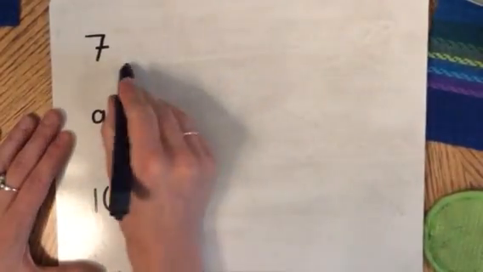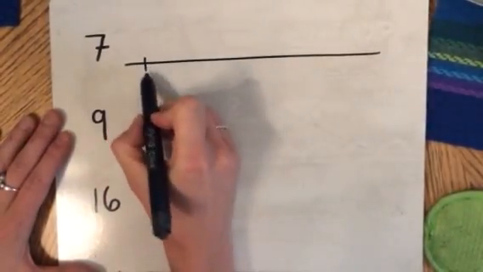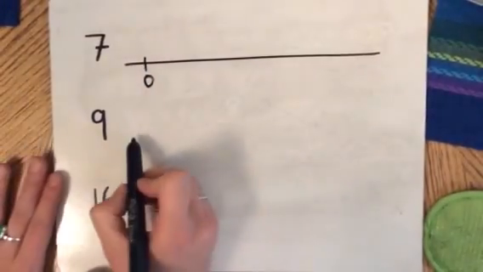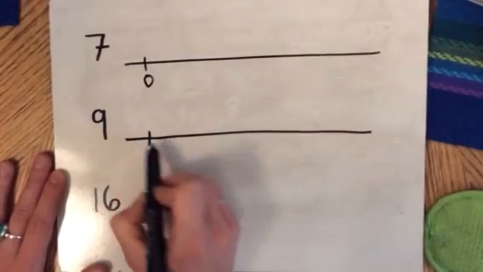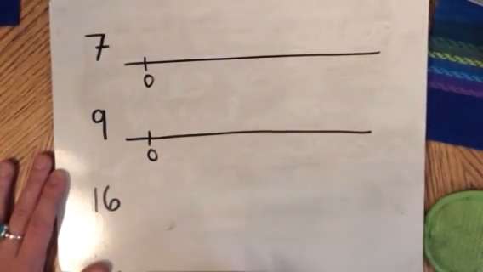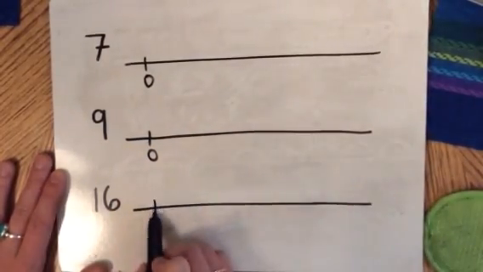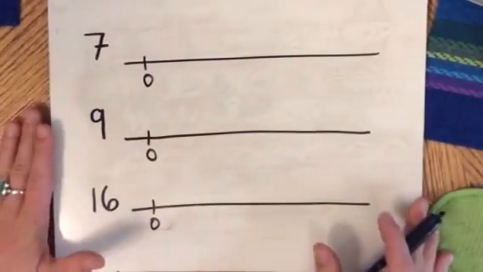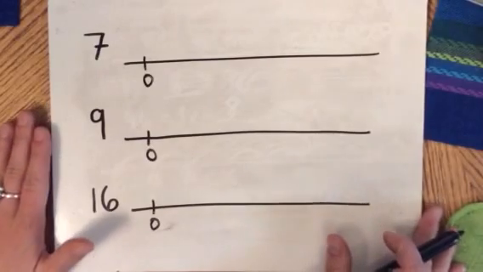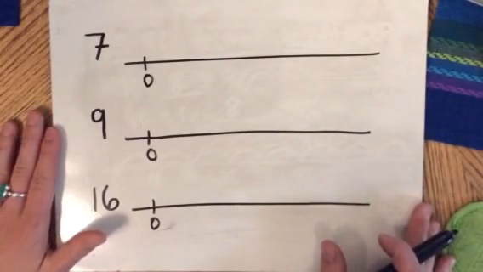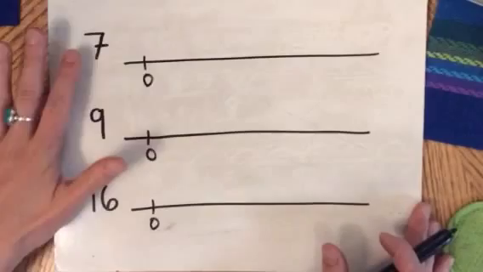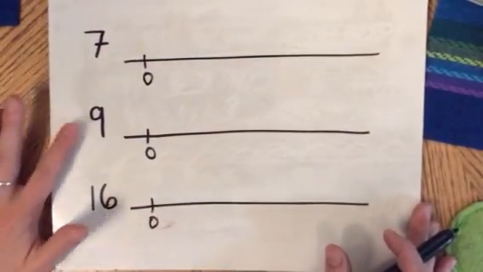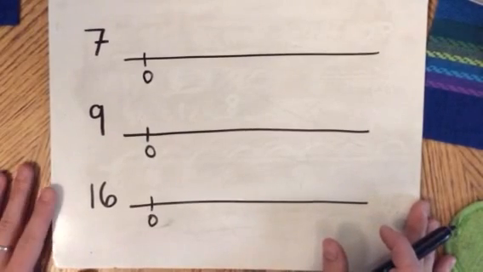I would like you to show me at least 3 multiples of 7, multiples of 9 on a number line, and at least 3 multiples of 16. When you're done on your whiteboard, take a picture on Seesaw and explain how you know all of the numbers you found are multiples of 7, 9, and 16.